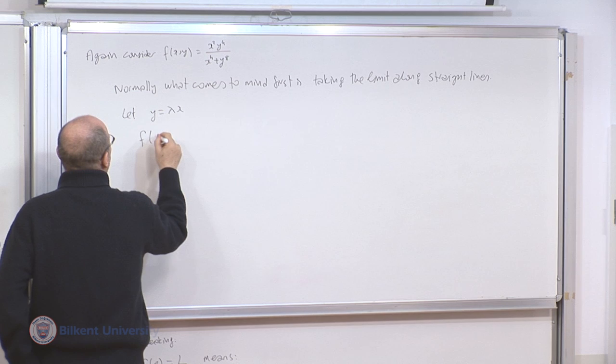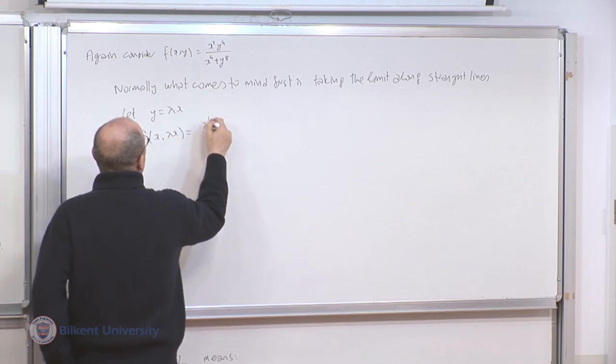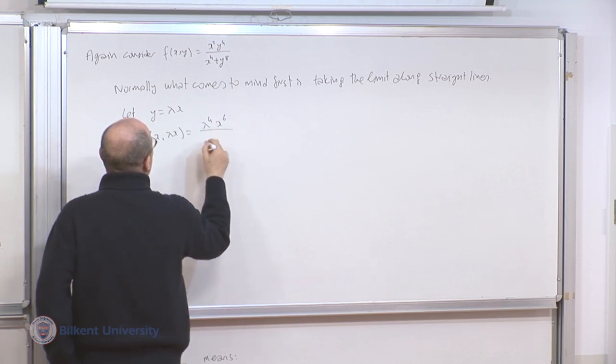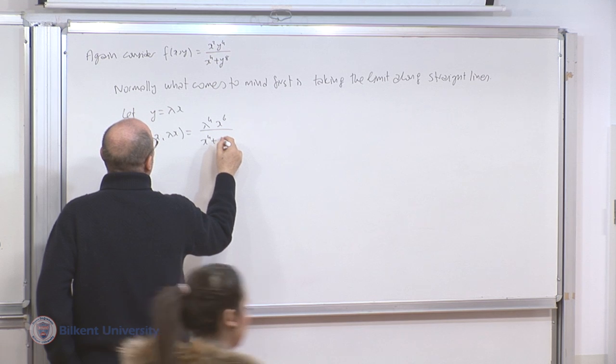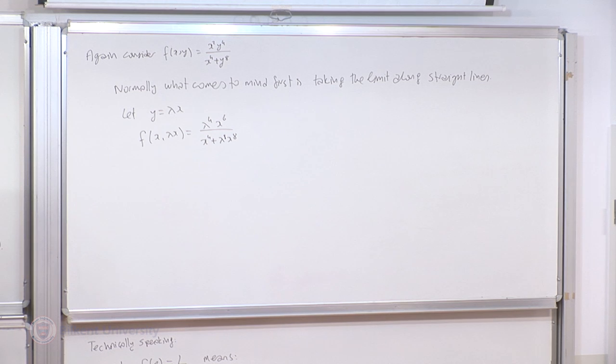Let us look at f of x, lambda x. So this is lambda to the 4 x to the 6 over x to the 4 plus lambda to the 8 x to the 8. Okay, so I hope I'm doing this correctly. That's 8th power, that's the 4th power. I have 2. Okay, so this is it.